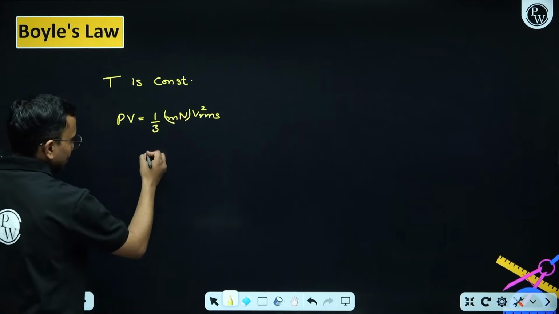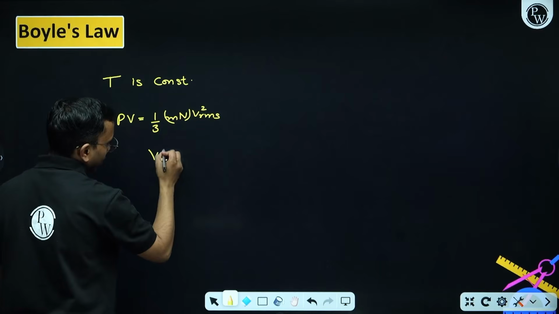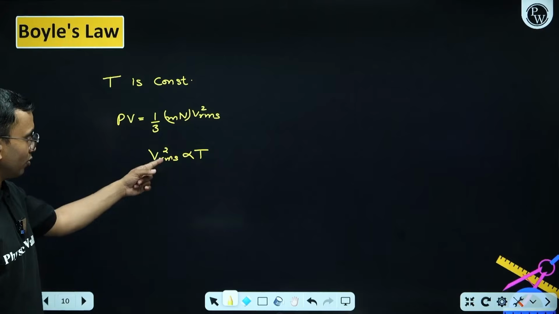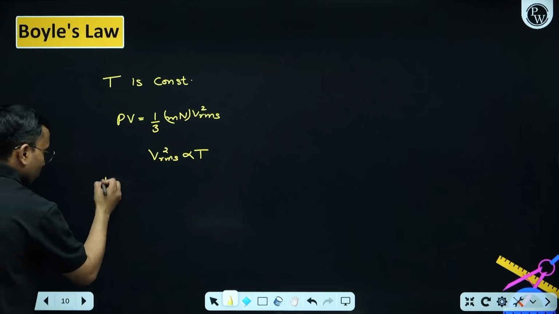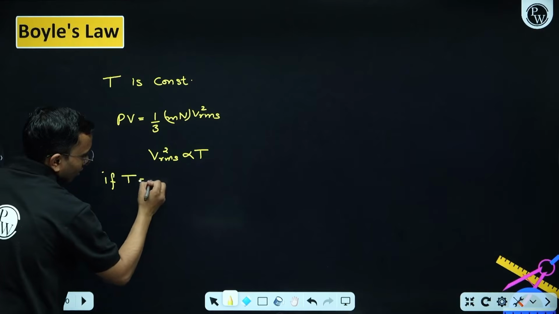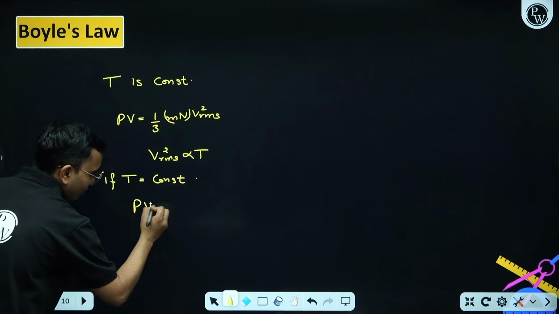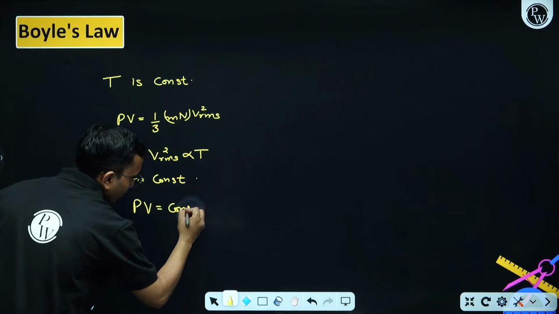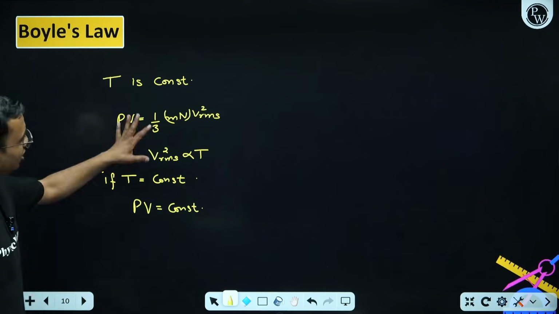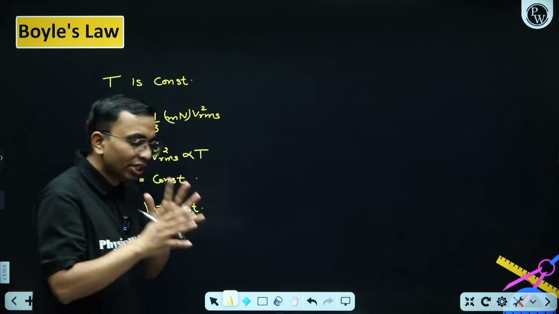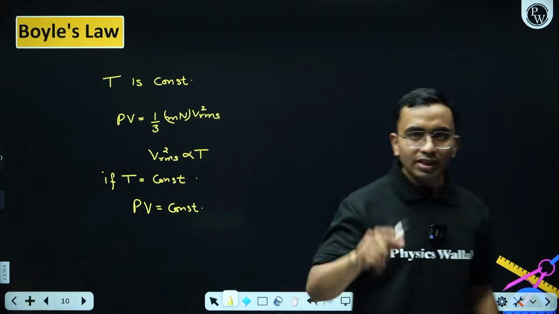Now V RMS square is proportional to temperature, this we discussed. So if temperature is constant, this expression is constant. So PV equals constant. The product of P into V is constant when the temperature is constant.